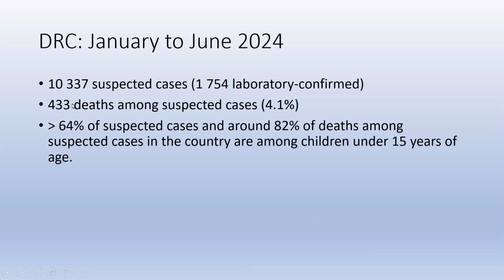If there's spread, it's more likely to come from DRC because of the frequent travel and interactions from people who visit these areas. So in DRC, from January, we had 10,000 cases, around 1,700 laboratory confirmed, 433 deaths among the suspects, giving us a case fatality rate of 4%.